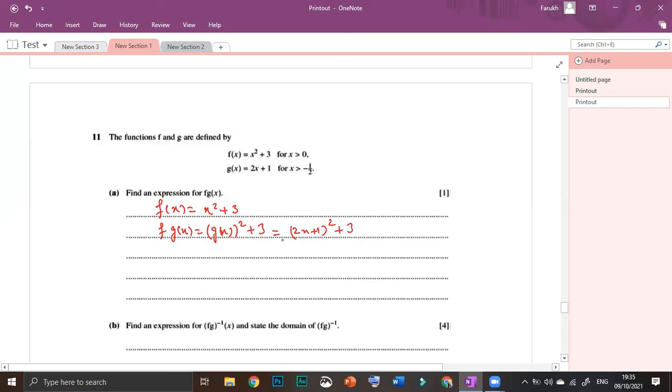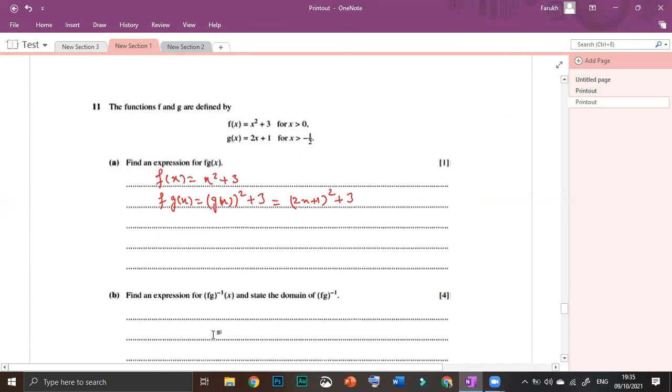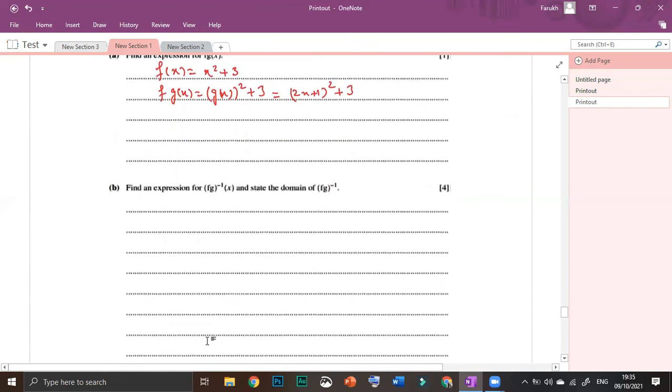This one is the composition function. Find an expression for fg inverse of x and state the domain. We have the expression for fg of x, which is a quadratic function and is in the complete square form. That is this one.